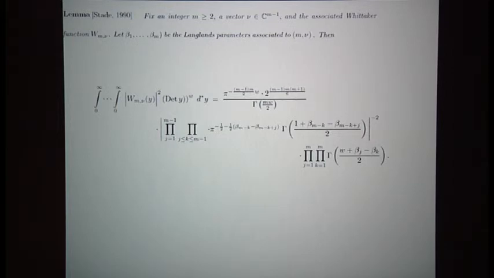Because of the (0, 0, 1) integral, it picks up the diagonal term of the non-degenerate terms, so we only need the Mellin transform of the absolute value square of the Whittaker function.